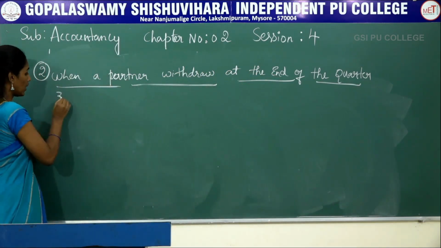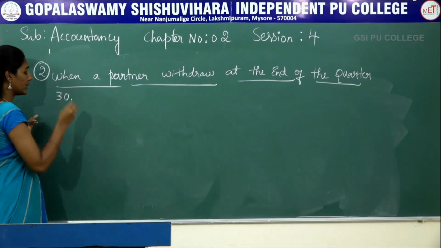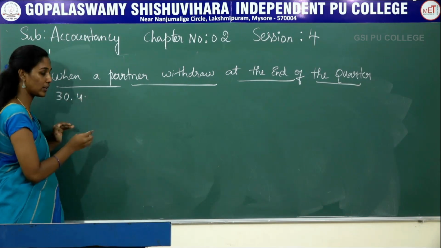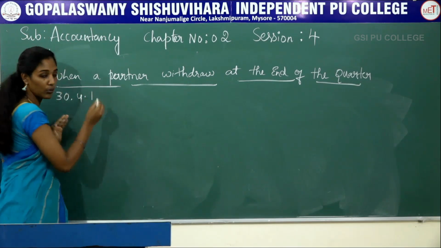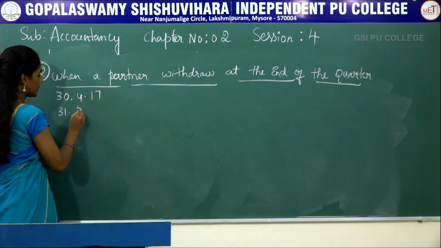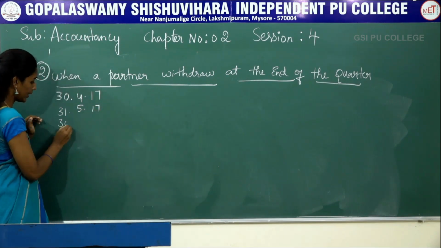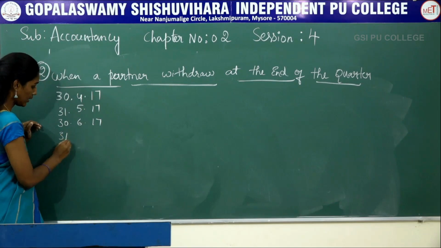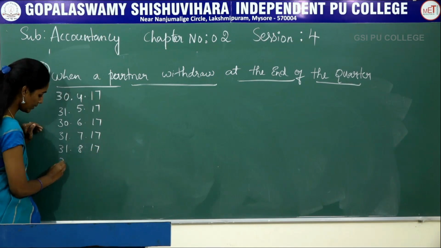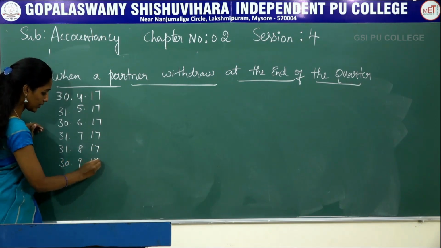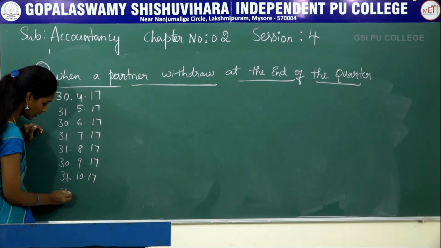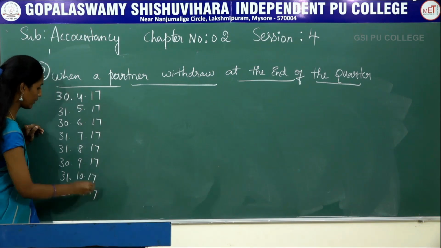Here I will give you a tip. So here at the end of the quarter, which means at the end of the month, 30th 4, first you have to write the month 30th 4 2017, 31st 5 2017, 30th 6 2017, 31st 7 2017, 31st 8 2017, 30th 9 2017, 31st 10 2017, 30th 11 2017.